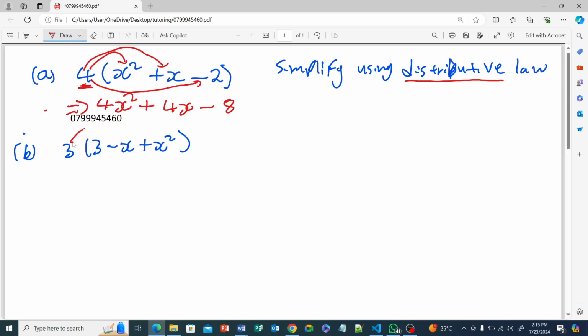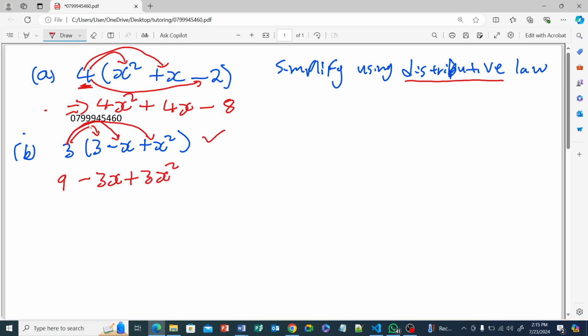So 3 multiplied by 3, if you press your calculator, you're going to get 9. 3 multiplied by negative x gives negative 3x. 3 multiplied by positive x squared gives positive 3x squared. So you have successfully distributed the 3 into your brackets.